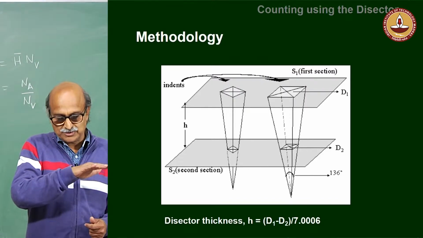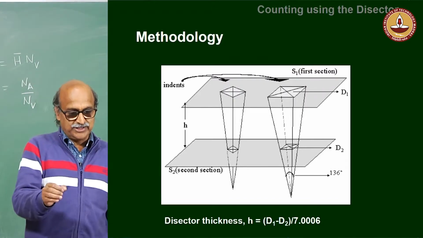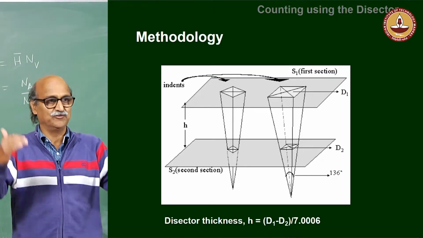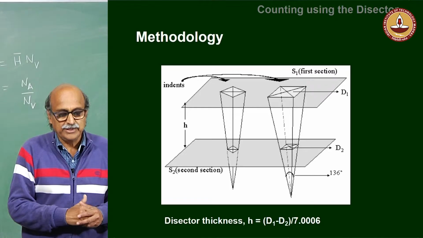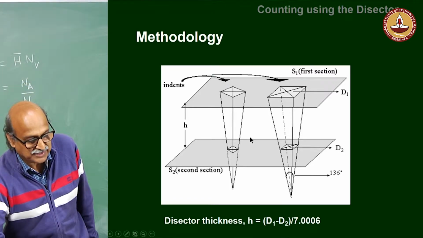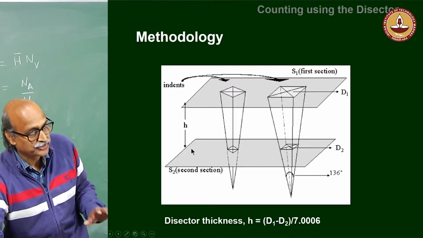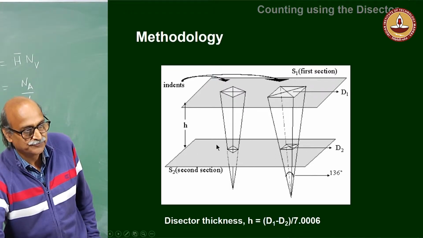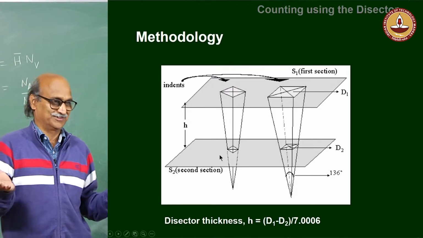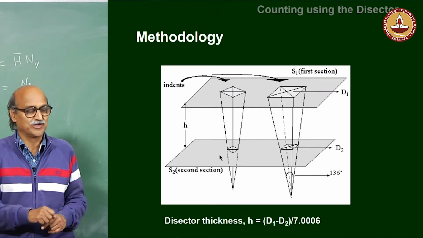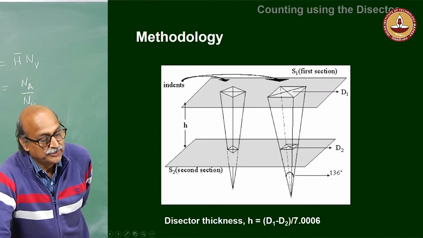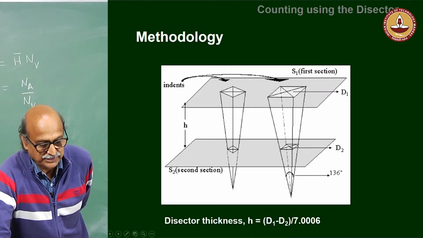So, first etch, then put the indent, and you will put several indents, not one, and you will take an average value for H. Then after that, when you want to reveal the second section, you will polish some of the material off, then measure the indent before etching on the second section. That is what you have to be careful about, and that way you would be able to get H.